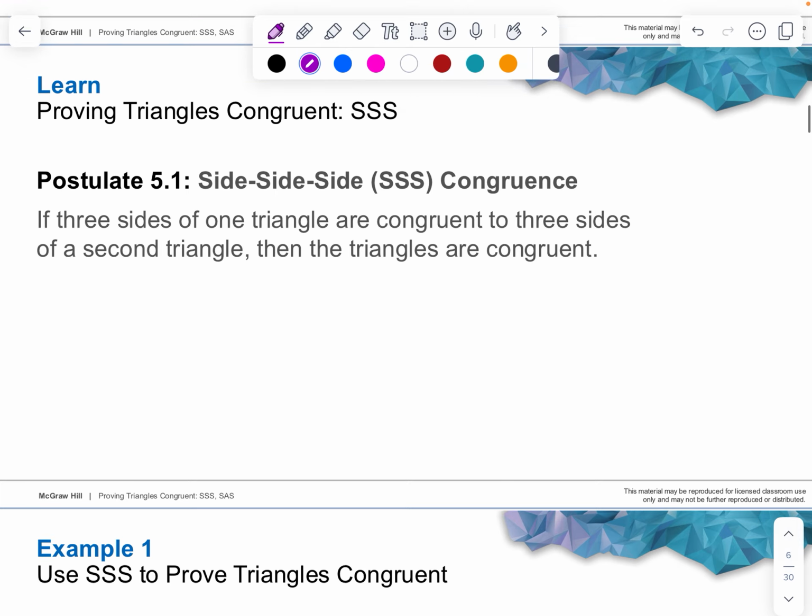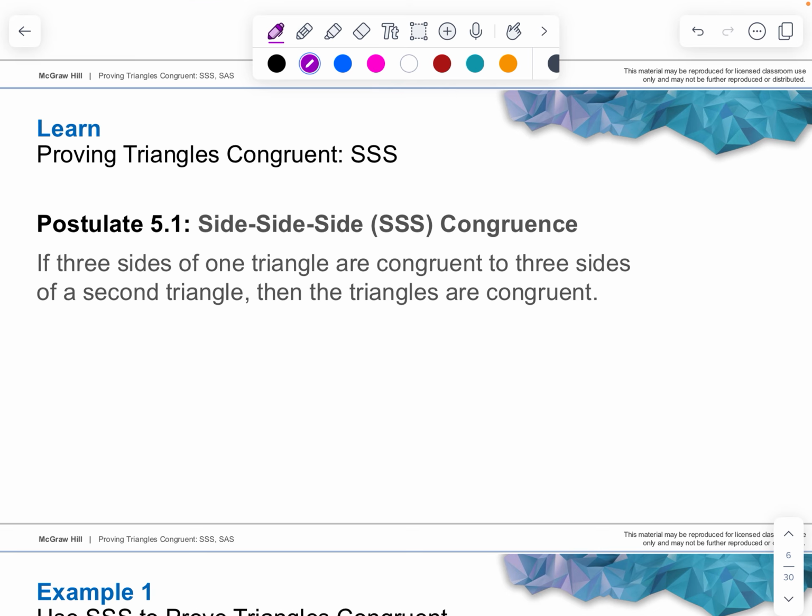So here is the postulate. If 3 sides of one triangle are congruent to 3 sides of a second triangle, then the triangles are congruent. And you guys might already know that. So you know possibly this one, 3, 4, 5. You guys know that one? That this is a right triangle because 3 squared plus 4 squared equals 5 squared.